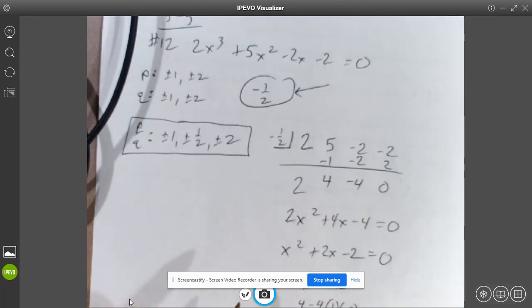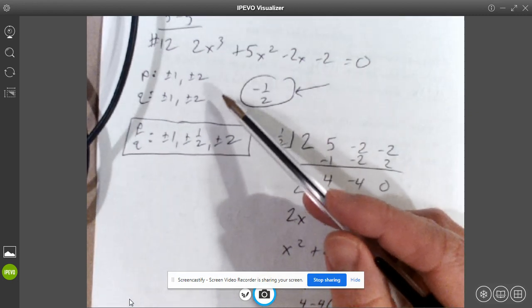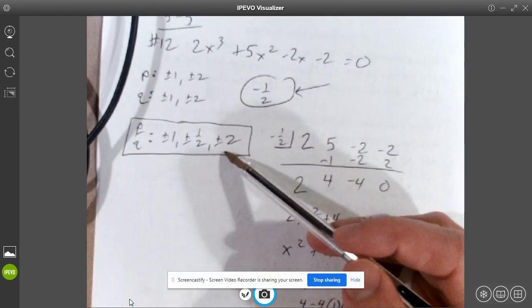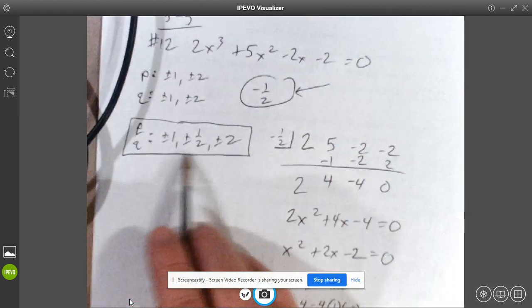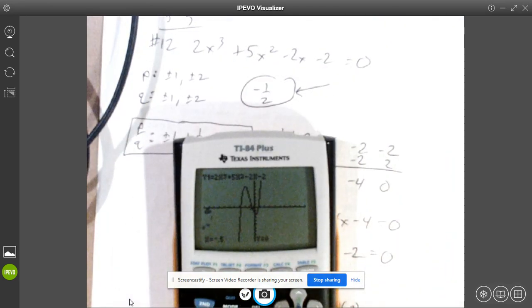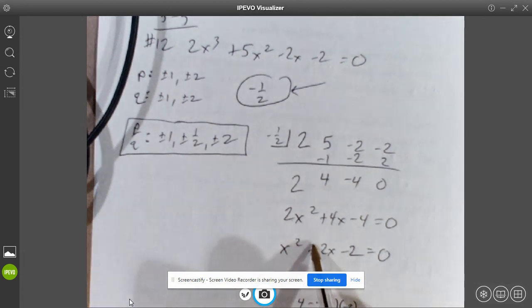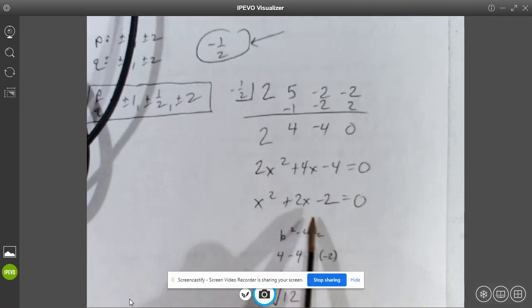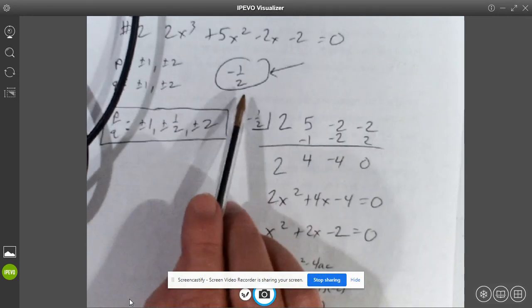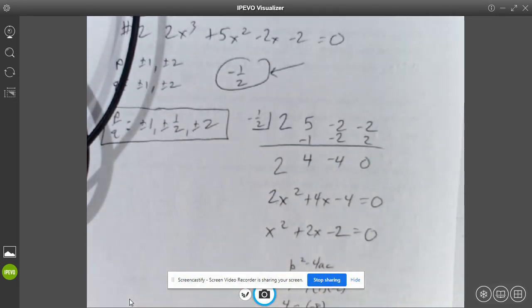But again, it's coming up with your P's and Q's, your P over Q list, and then looking at the graph and which one of these 6 looks like a possibility until you find it. And then from there, getting to a quadratic and trying to solve it either by the quadratic formula or by factoring, but recognizing that this is the only rational root.